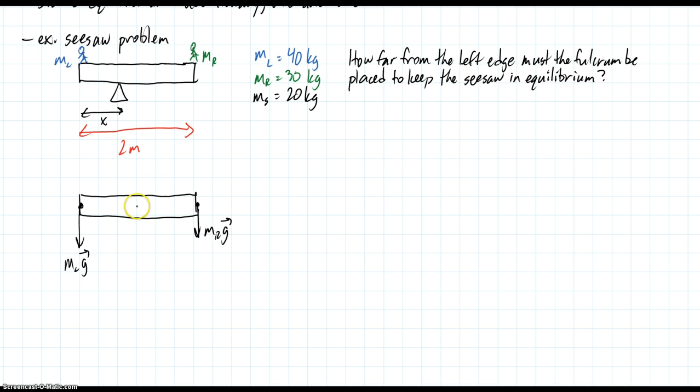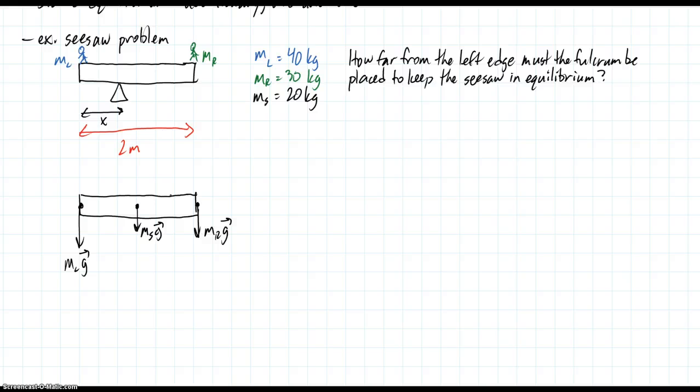We also have the weight of the seesaw itself pointing downward, and that's going to be applied at the center of gravity or center of mass. And assuming this is a uniform seesaw, that's going to be directly in the geometric center of the seesaw.